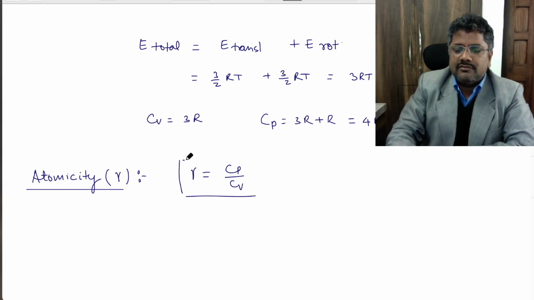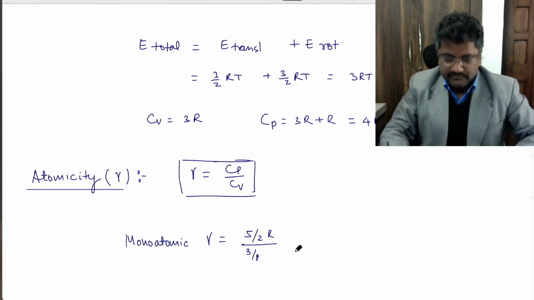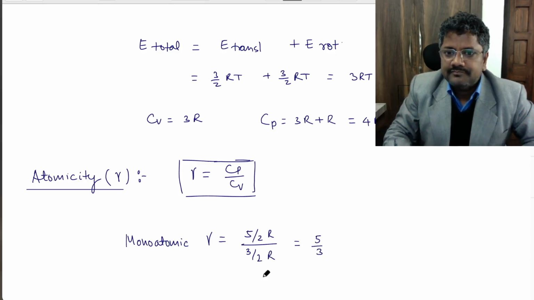Gamma is equal to Cp by Cv. So for monoatomic, gamma is equal to 5 by 2 R by 3 by 2 R. So this is equal to 5 by 3.